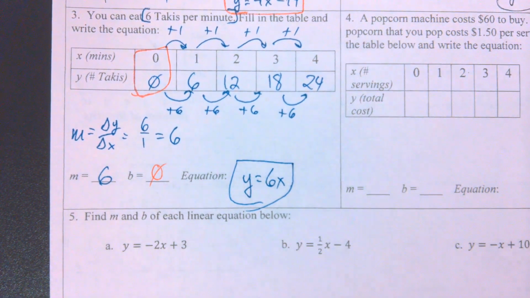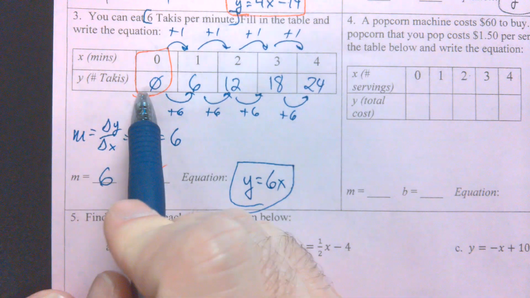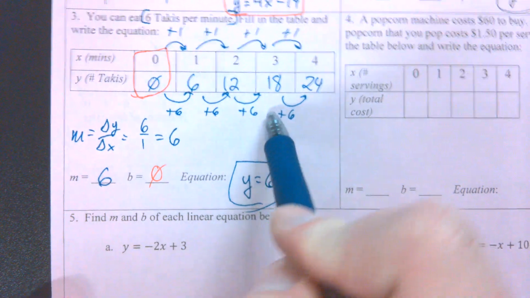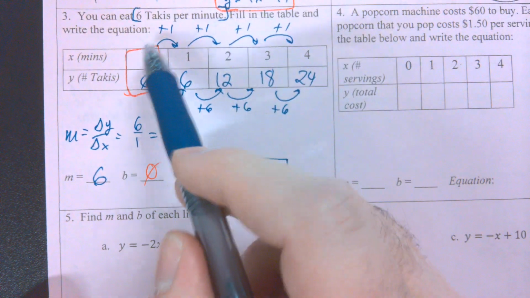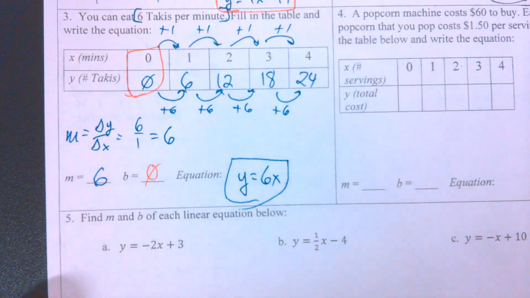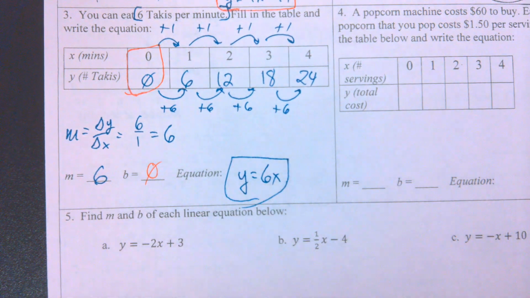Now, if this question said you just ate 10 Takis, from there, every minute you can eat 6. Well, now you have a starting value of 10, and you add 6 each time. But all it says is you can eat 6 Takis per minute. So after 0 minutes, you've eaten 0 Takis. Does that make a little sense?